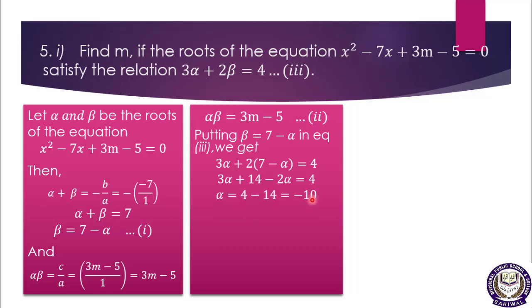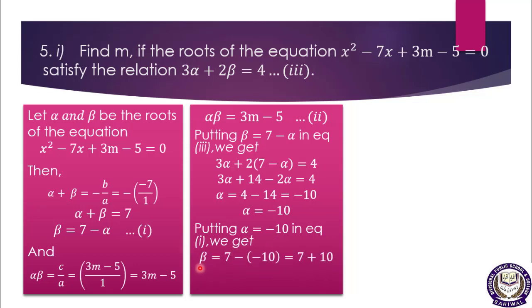On solving, we get alpha is equal to minus 10. Putting alpha equal to minus 10 in equation 1, we get the value of beta, which is equal to 7 minus minus 10, which is equal to 17.